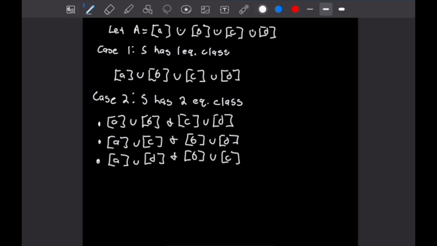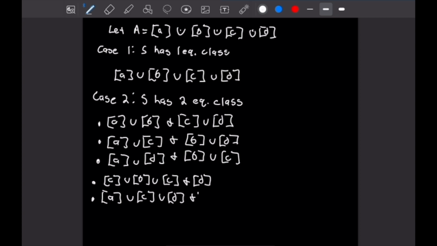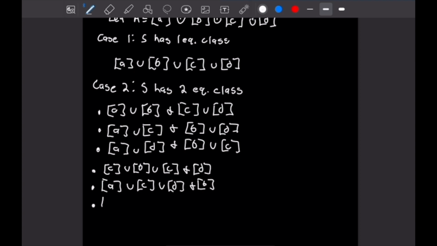So next, let's do the ones where we have 3 merged classes and then 1 remaining class. So let's start with A, B, and C. So we'll have A union B, union C, and D. Then we can do the next one. Let's just do A union C, union D, and just B. And then we can do the next one. Let's ignore C this time.